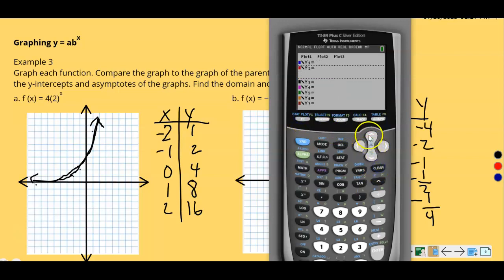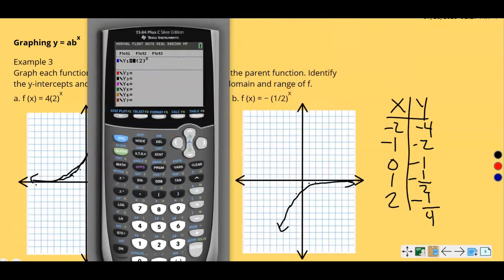So let's clear out the last graphs we had. So f of x is the same as y, so y equals 4 times 2 raised to the x power. Hit graph. You can see that this graph is going to be very similar to this one, except a little neater. All right, so go ahead and graph the next one.